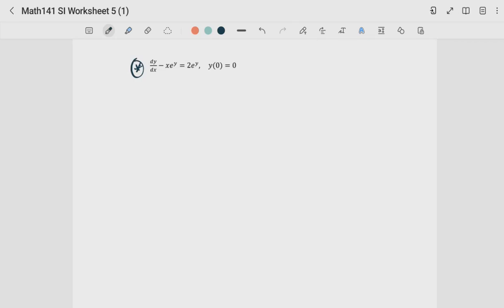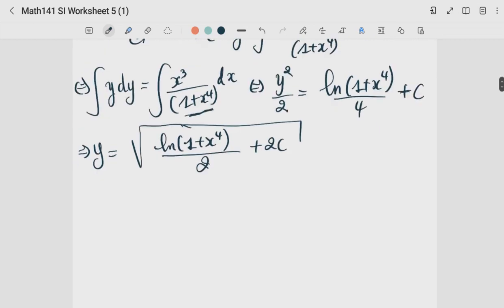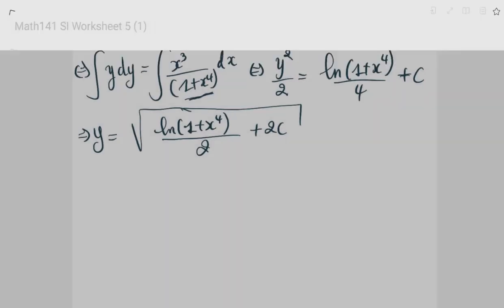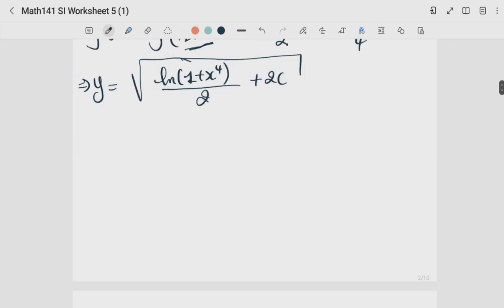And we are given an initial value of y at 0 being equal to 0. In this case, we have an initial value problem. What that means is we integrate the same way we've been integrating, but at the end, we use the initial value to find the value of our constant of integration.